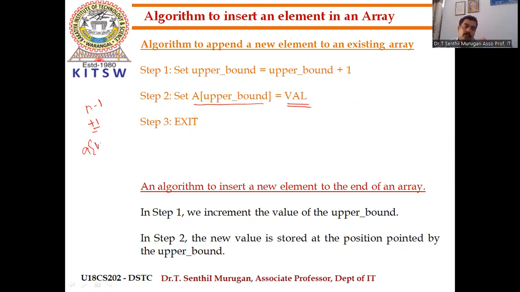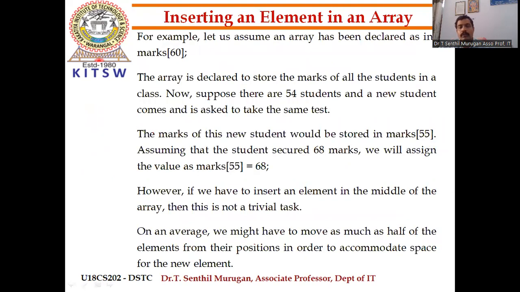If a of n minus 1 is there, after adding 1 it is a of n, so a of 10 will come. The steps are: first increase the value of the upper bound, and the new value is stored at that upper bound. So there is no complexity when adding an element at the end of the array.